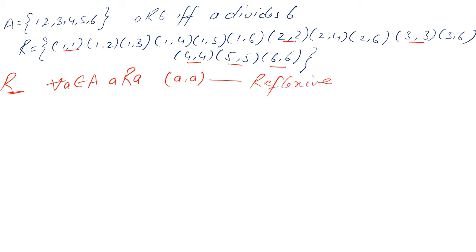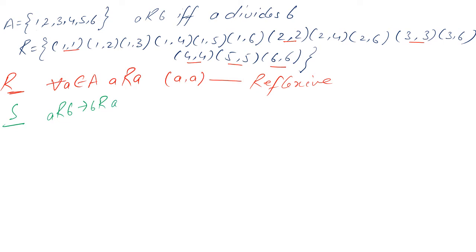Right? Now, the next, let's check the symmetricity property. Before we go into that, as the relation is a reflexive relation, it cannot be an irreflexive relation and it cannot be a non-reflexive relation, because a relation can fall only in one of the three categories at a given time. Now for checking of symmetricity, we know that symmetricity says if A is related to B, it should imply that B is also related to A, right?